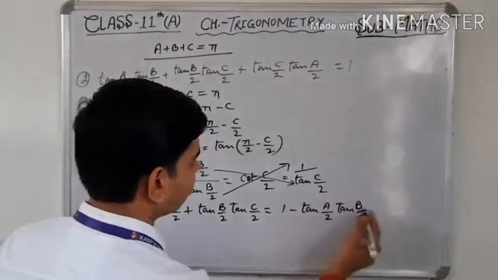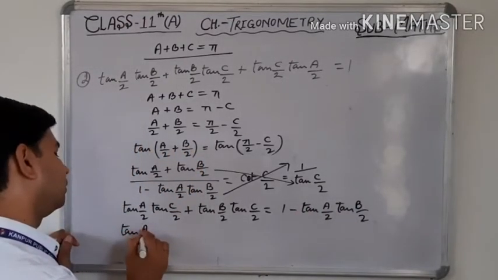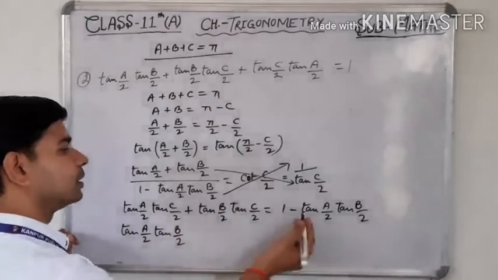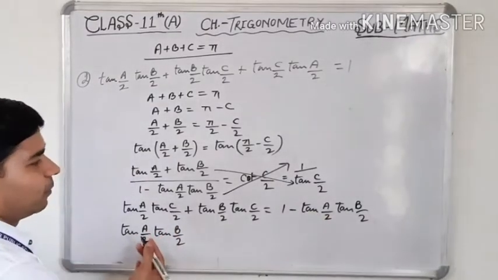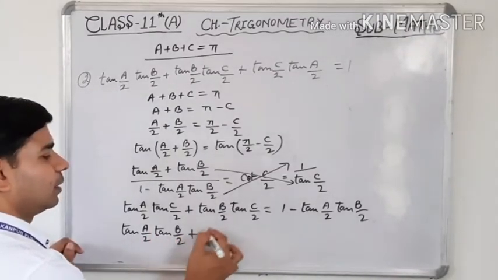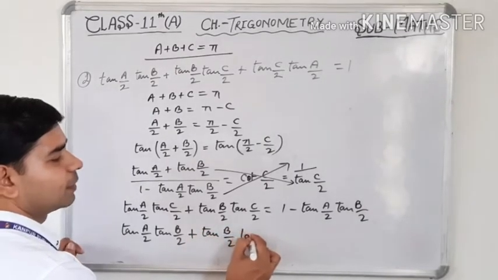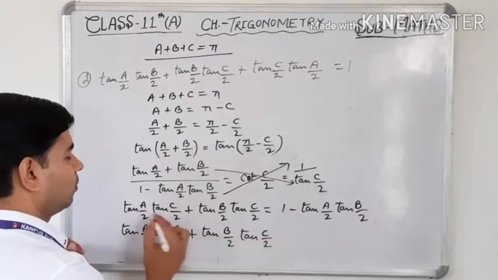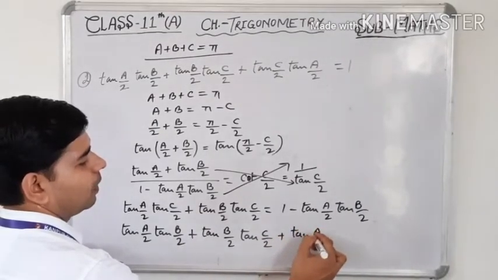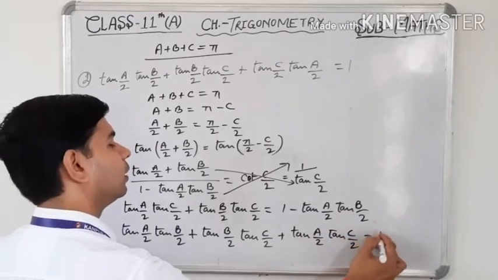Now take this term to the left side. Tan a by 2 tan b by 2 is negative, so when it comes to this side, it will become positive, plus tan b by 2 tan c by 2 plus tan a by 2 tan c by 2 equal 1.